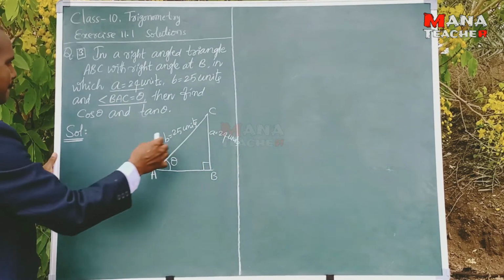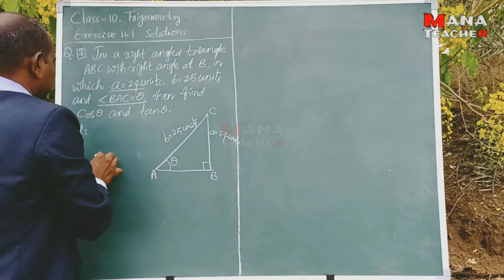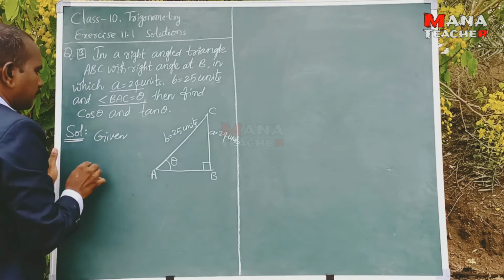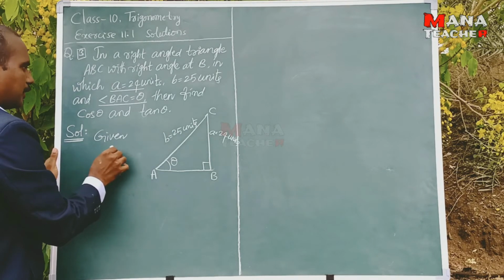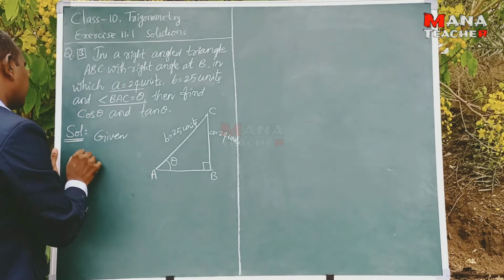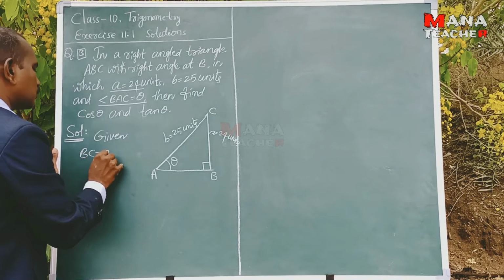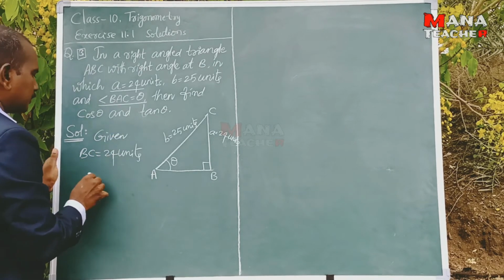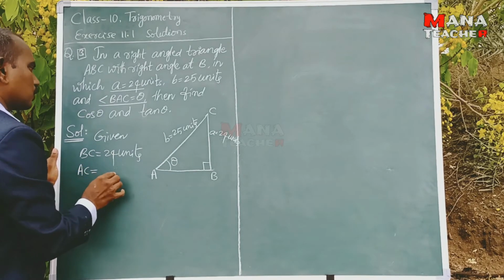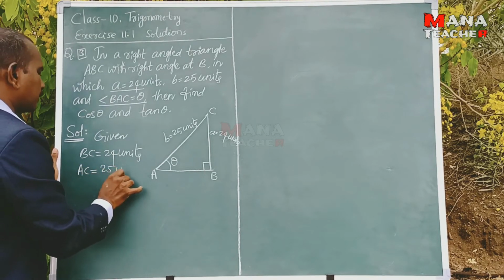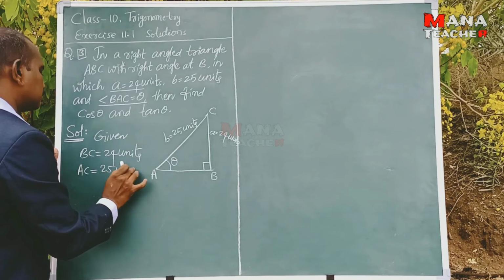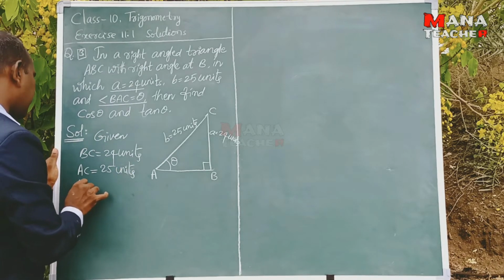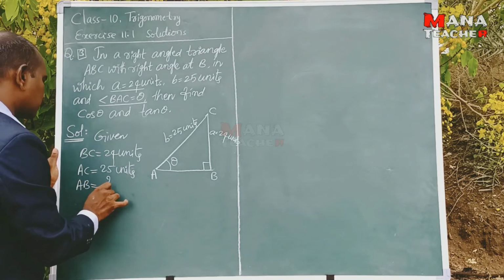Here a means BC is given, BC equals 24 units and AC equals 25 units, and AB is not given.